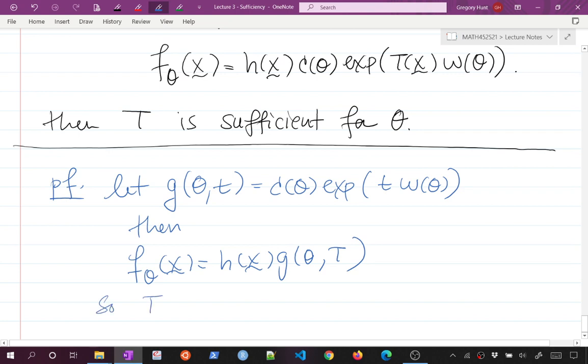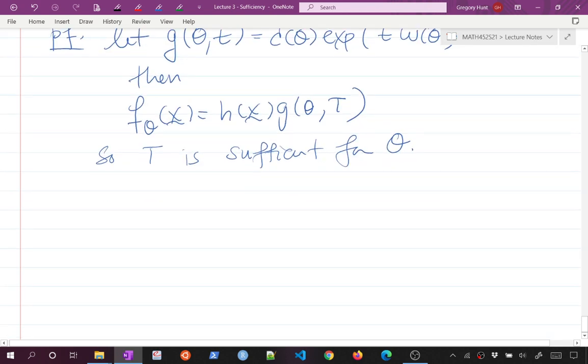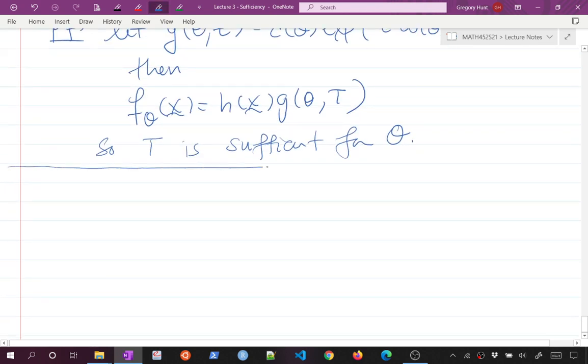So t is sufficient for theta, which is super cool. So if you have an exponential family, and you had to write it out, you already know a sufficient statistic.